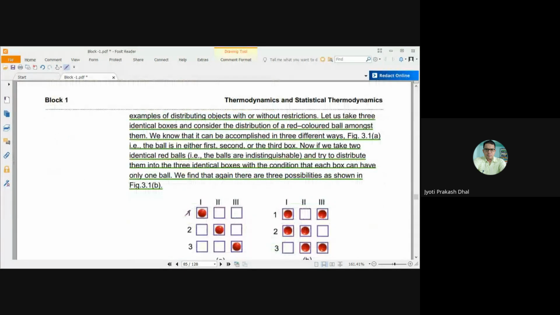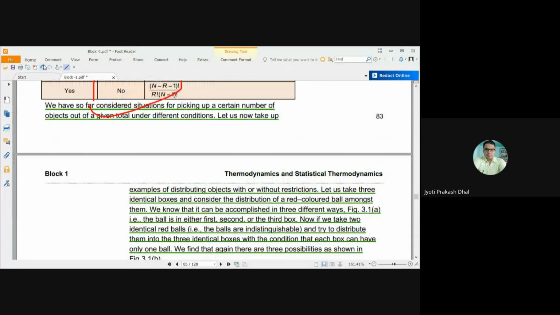So now we'll continue. Here we have so far considered the situations of picking up a certain number of objects out of a given total number of objects under different conditions.